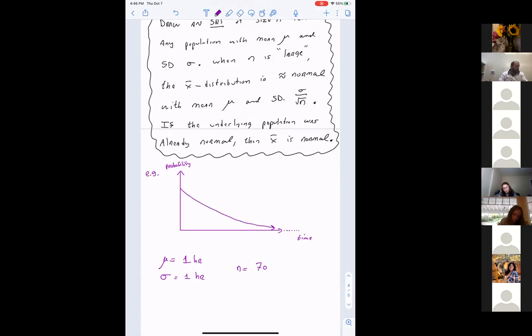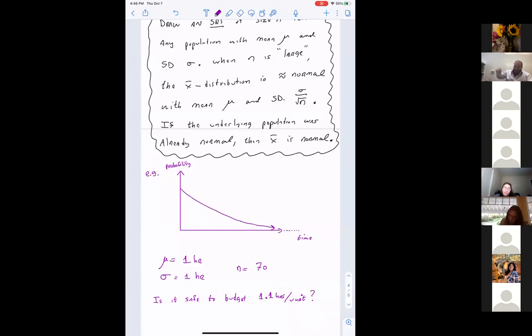So your company has a contract to maintain 70 of these units. Is it safe to budget 1.1 hours per unit? In other words, if I say, I want you to come out and check them all, and you say, on average, each one should take 1 hour, so I'm going to give myself 1.1 hours for each unit.